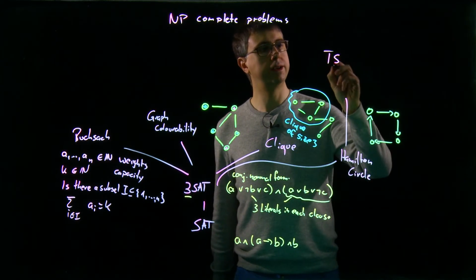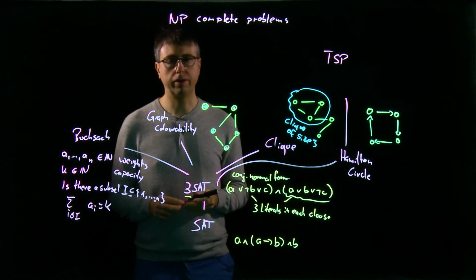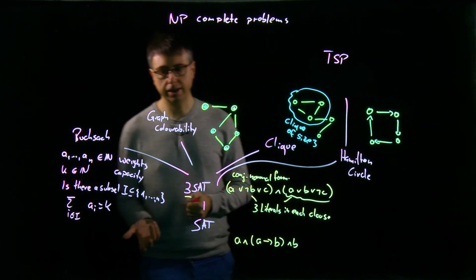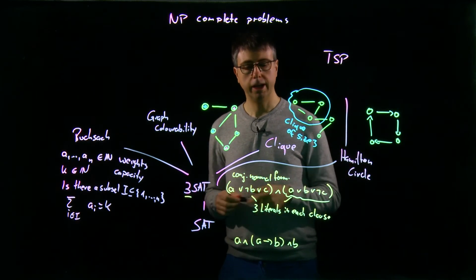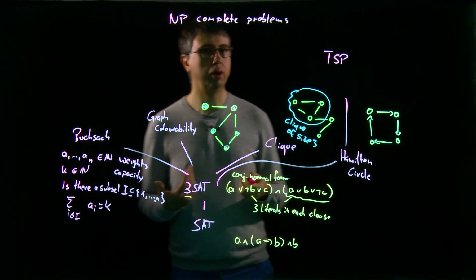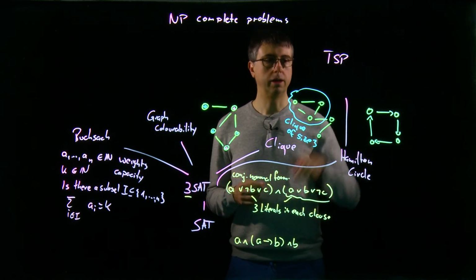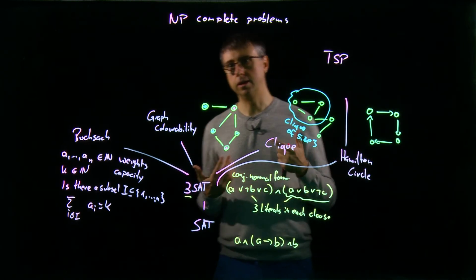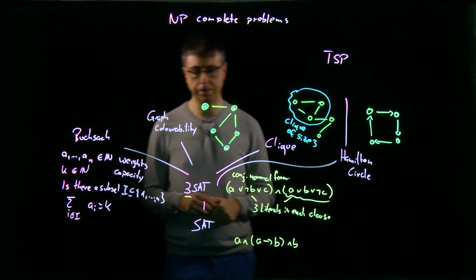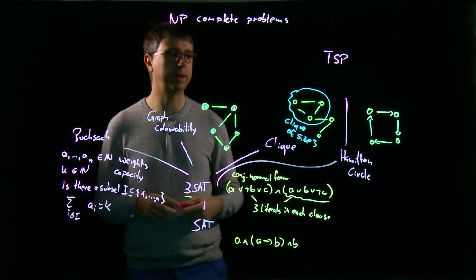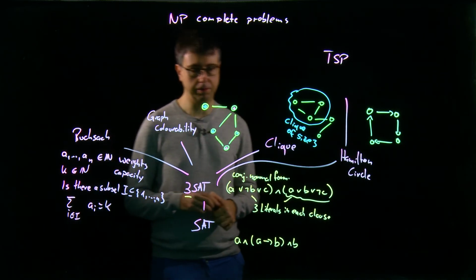And quite related to this is the so-called traveling salesman problem. In this traveling salesman problem, you have a matrix of distances, and you would like to know whether there is a round trip visiting all the nodes that satisfies a given upper bound for the length of the trip.